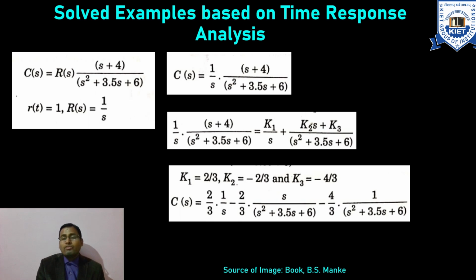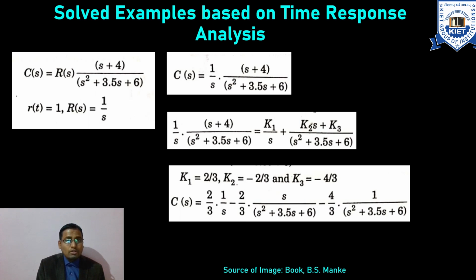So we have to remember that in this type of questions, two terms are generally asked. First one is the overall transfer function of the system, and the second one, find out the output expression if it is subjected to unit step or unit ramp or unit parabolic or unit impulse.